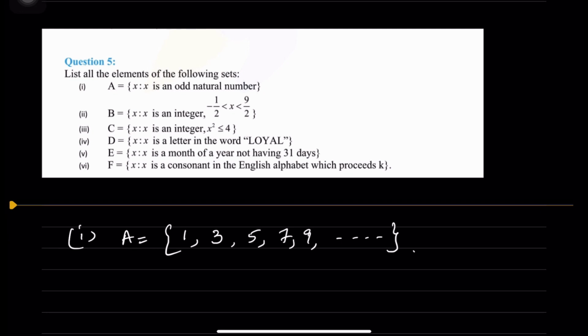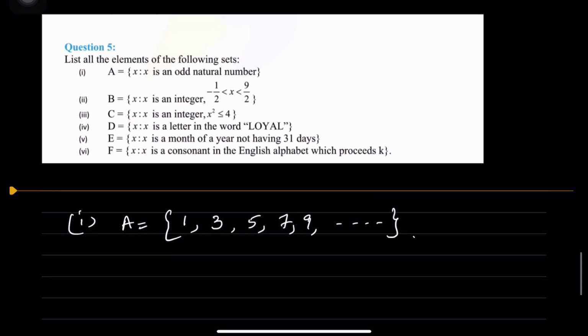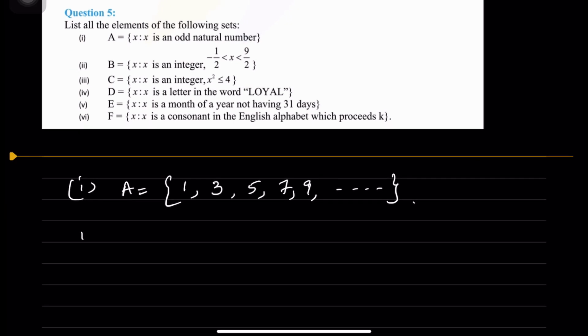Next, B. I'm sorry, second one, B is equal to the set of all x such that x is an integer. So what's given, we are defined with x lies between minus 1 by 2 and 9 by 2.